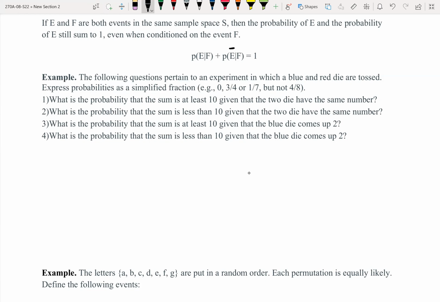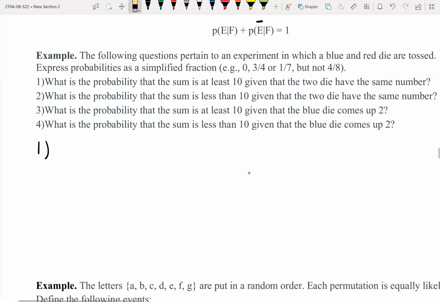What is the probability that the sum is at least 10 given that the 2 dice have the same number? So first of all, what's the event F? I defined my event F to be the one where you have the same number on both dice. What's the chance?